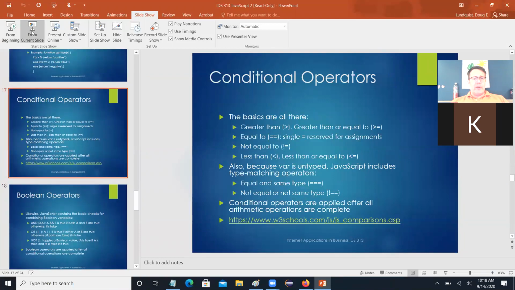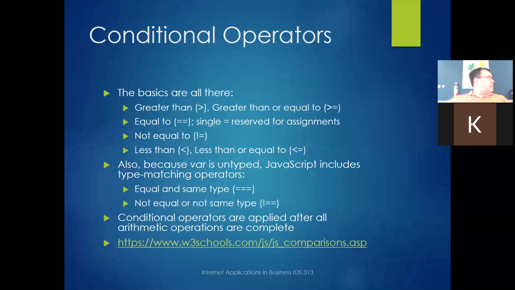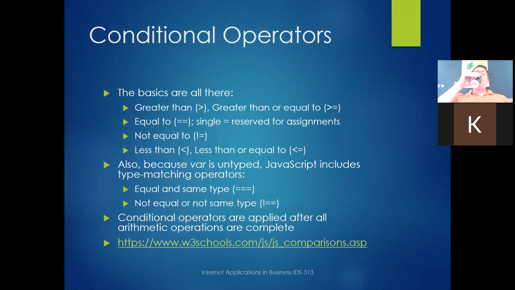Now we get into a bit of the logical stuff. But in just a second, we're gonna do a little bit of that in our little bit of code. So all your basic ones are here, the conditional operators. So greater than or equal to is double equals. The single equal sign is reserved for assignment. This is a very common JavaScript error, right?